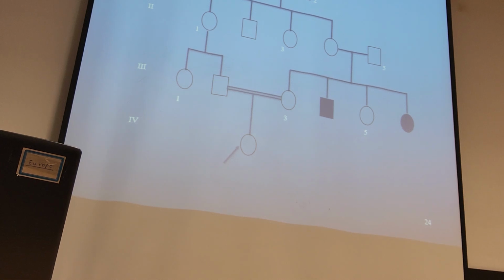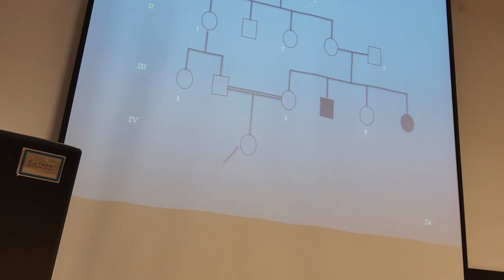Then we number each individual in each generation from left to right. Generation 1 has 1, 2. Generation 2 has 1, 2, 3, 4, 5. Generation 3 has 1, 2, 3, 4, 5, 6. And generation 4 has just one individual.